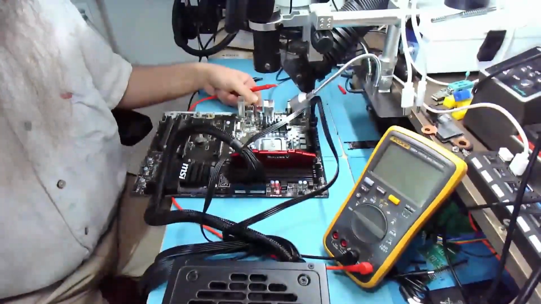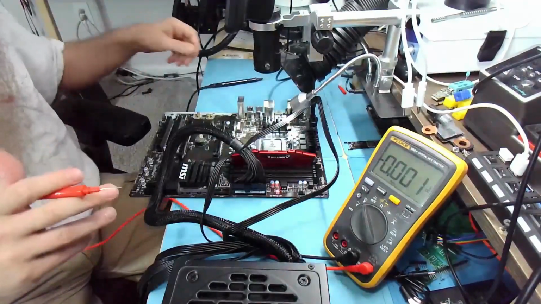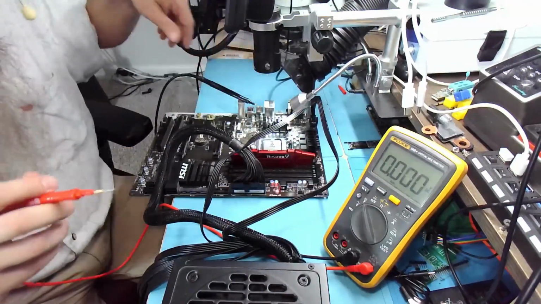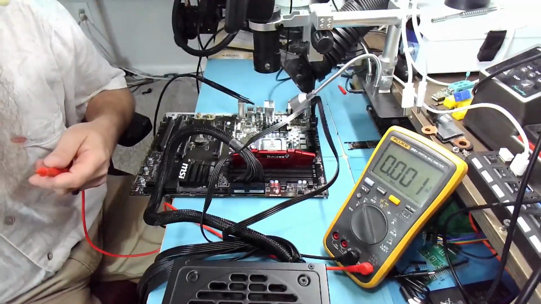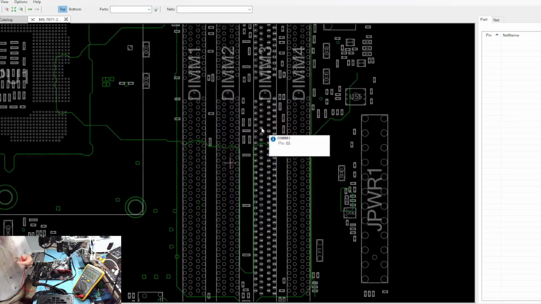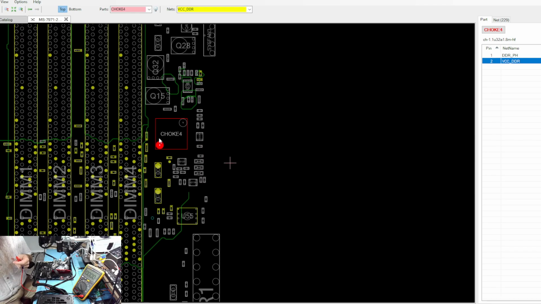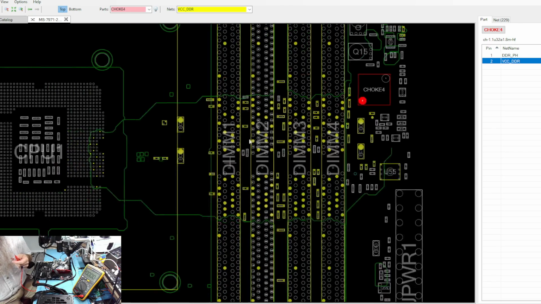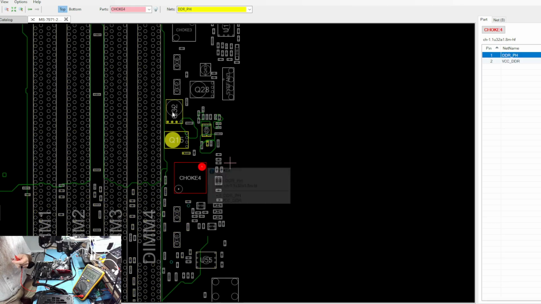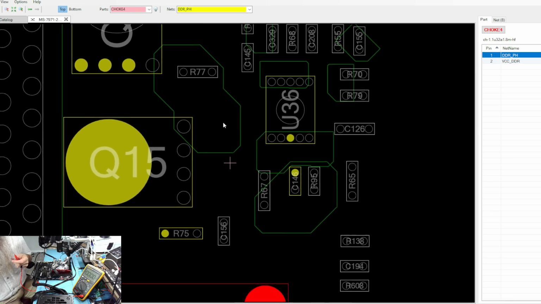So that could mean that we have missing voltage on the memory. That would explain it. So let's check the board view, and our memory is supplied by this choke right here, and it's controlled by these two transistors over here, and that's our control chip.